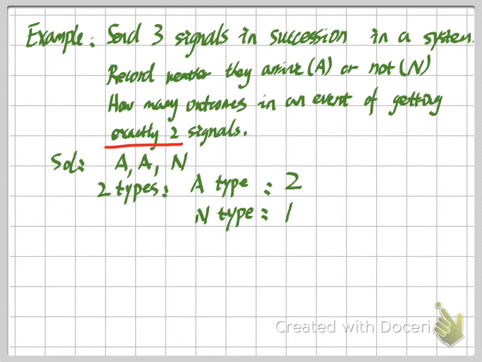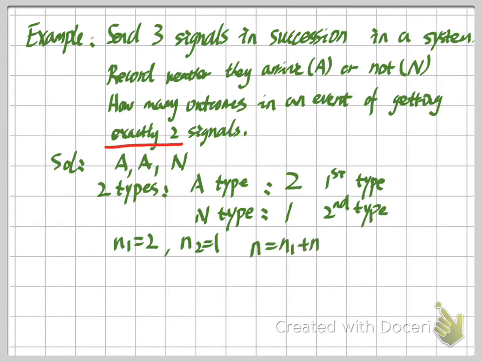So A is our first type and N is our second type. Now n1 is equal to 2 and n2 is equal to 1. By the previous equation, n equals n1 plus n2, right? So in total we are interested in 3 objects.